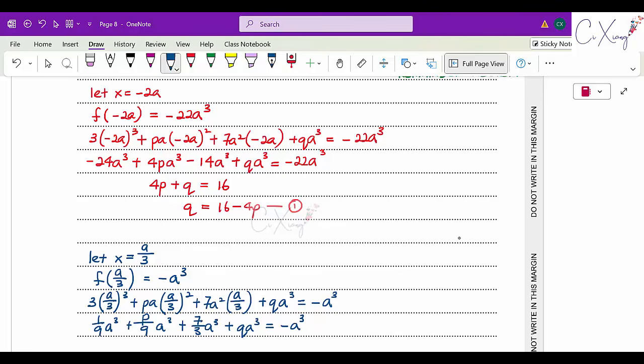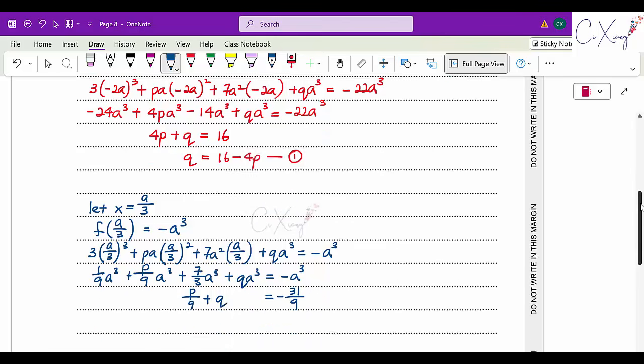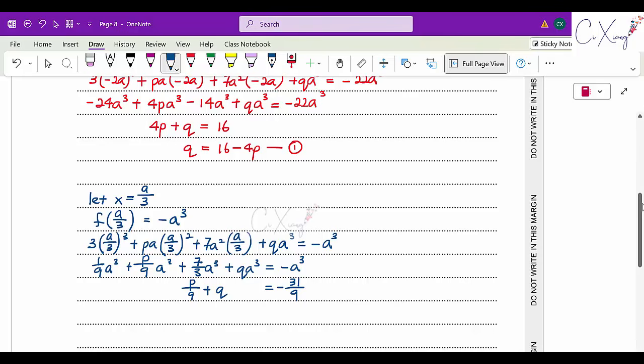Simply cancel off all the a cubed for every single term. Then you'll be having p over 9 plus q. Then move all the constants to the left: negative 1 minus 1 over 9 minus negative 7 over 3. Then I'll be having negative 31 over 9. Then I get the second equation.